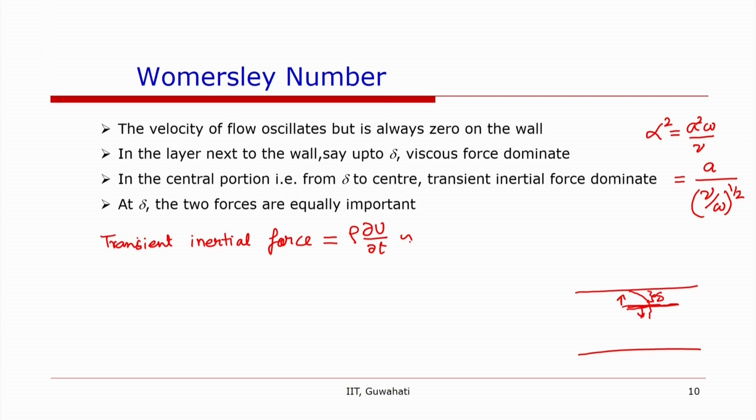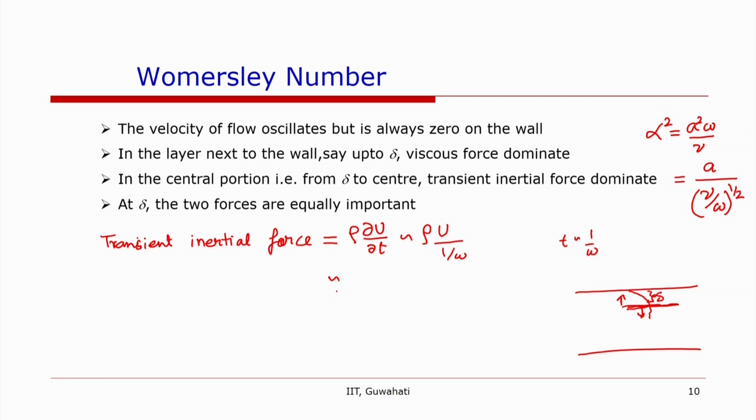So the magnitude will be rho u divided by t, where t is proportional to 1 over omega.